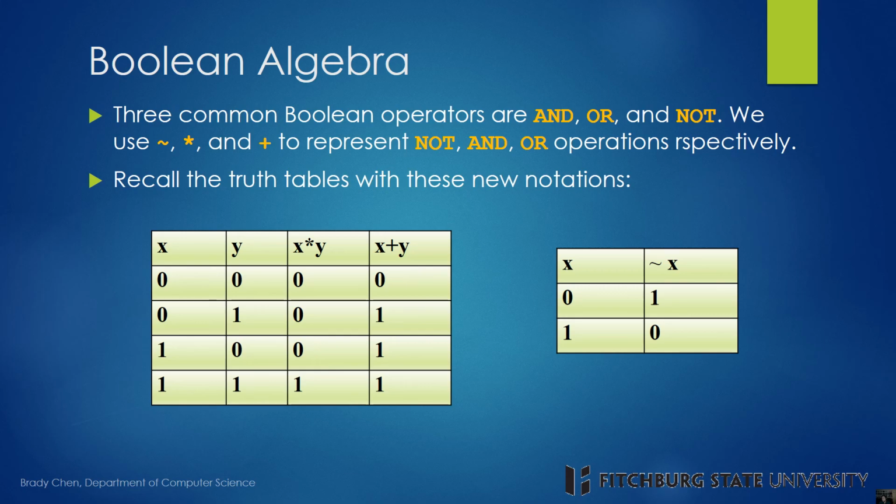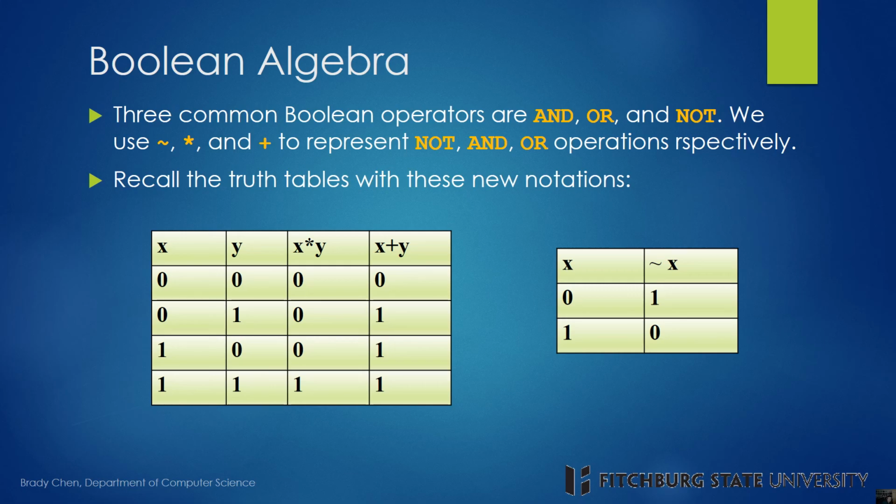So now let's talk about three common Boolean operators: and, or, and not. These are basically the same as the operations we talked about in Module 1. And corresponds to the conjunction, or corresponds to disjunction, and not corresponds to the negation. We also introduce three different symbols to represent these three operations.